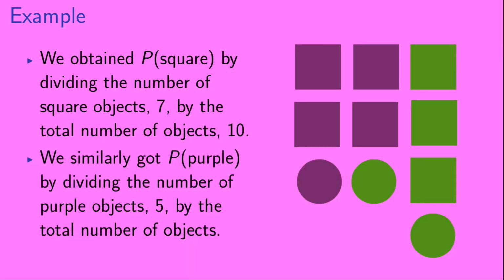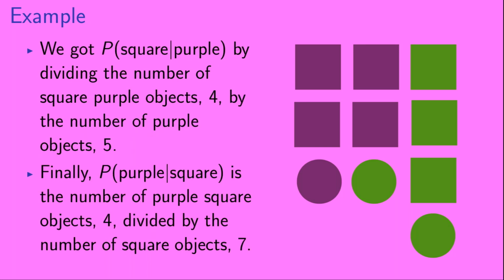So we obtained P of square by dividing the number of square objects, 7, by the total number of objects, 10. We similarly got P of purple by dividing the number of purple objects, 5, by the total number of objects.